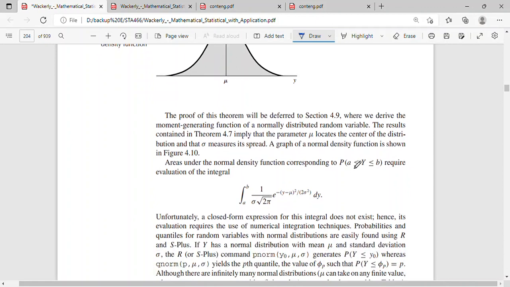So nak cari probability, contohnya nak cari probability daripada A ke B, so kita kena integrate the function of a normal, integrate with respect to Y from A to B. Okay, sebab nak cari probability A to B. Tapi kalau nak cari nilai probability ni kena integrate, so it's complicated jugalah kan, mengambil masa juga.